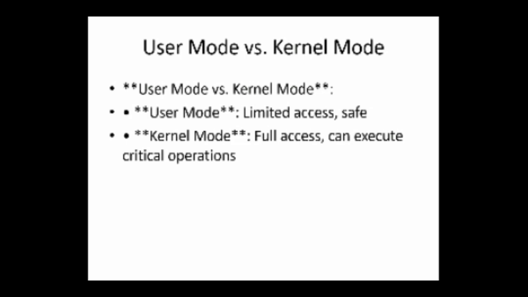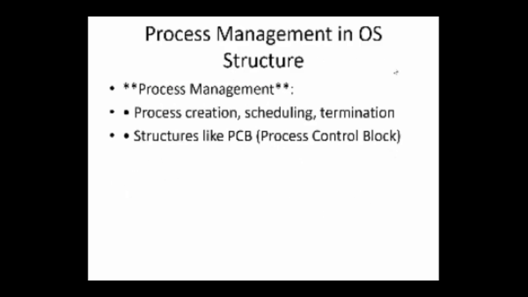The user mode has only limited access and it is safe. The data cannot be accessed directly from the memory. In kernel mode, it has full access, so it can take the data from the memory directly and can execute critical operations.